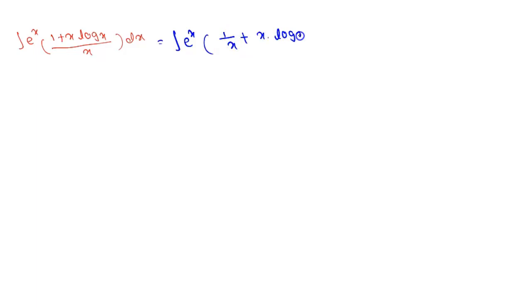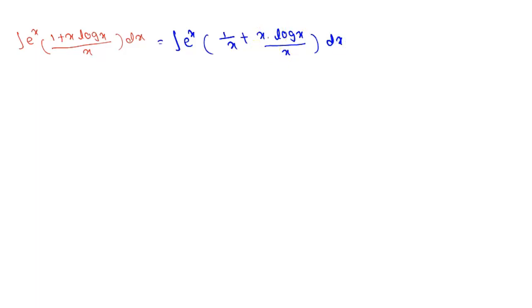Here the question is integral e power x into 1 plus x log x by x dx. So here the given question I am separating, right? Integral e power x into 1 by x plus x into log x by x dx.